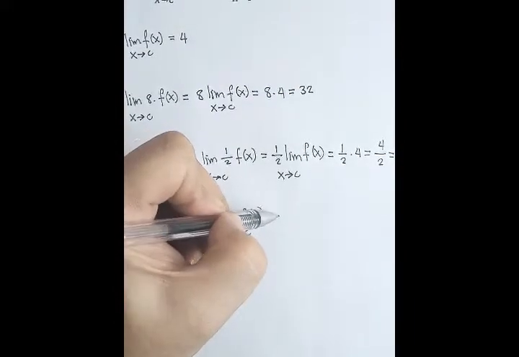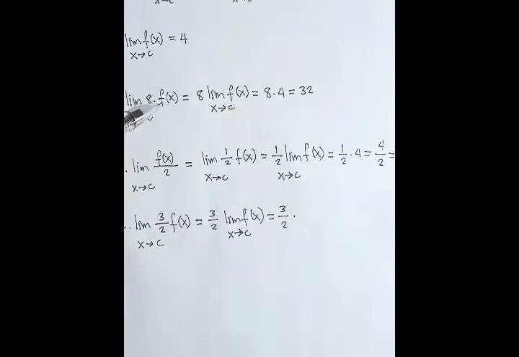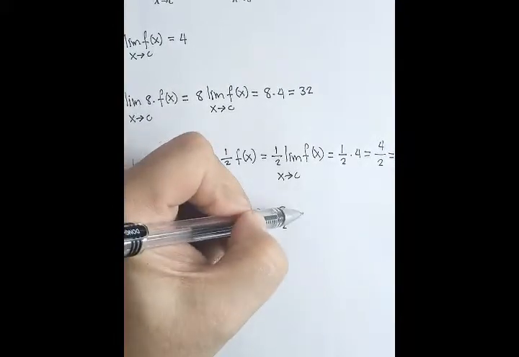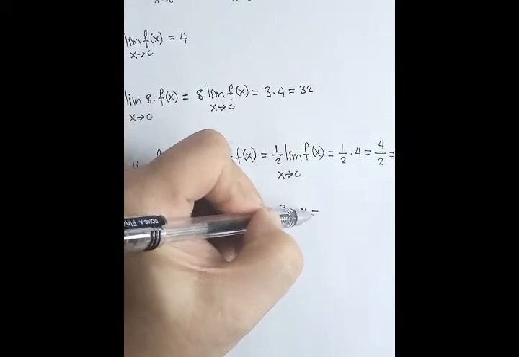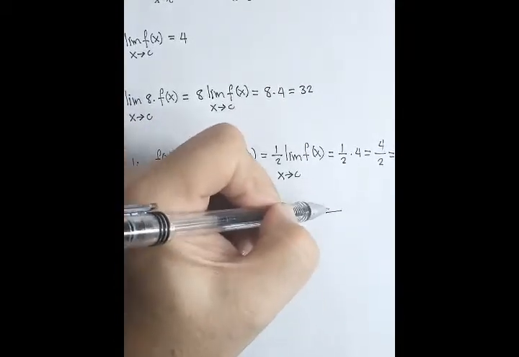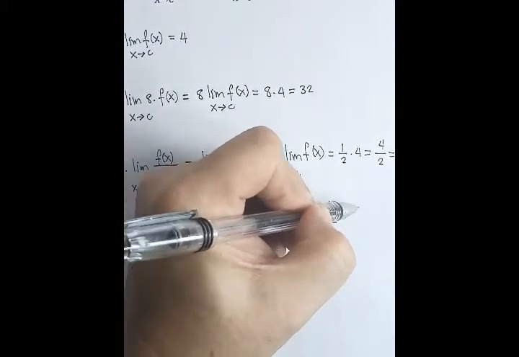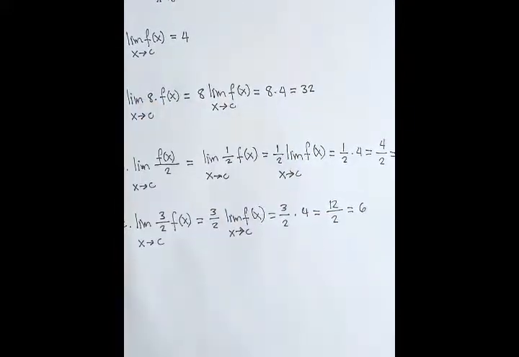So that will be 3/2 times 4. So we have 3 times 4, 12 divided by 2. 12 divided by 2 is 6.